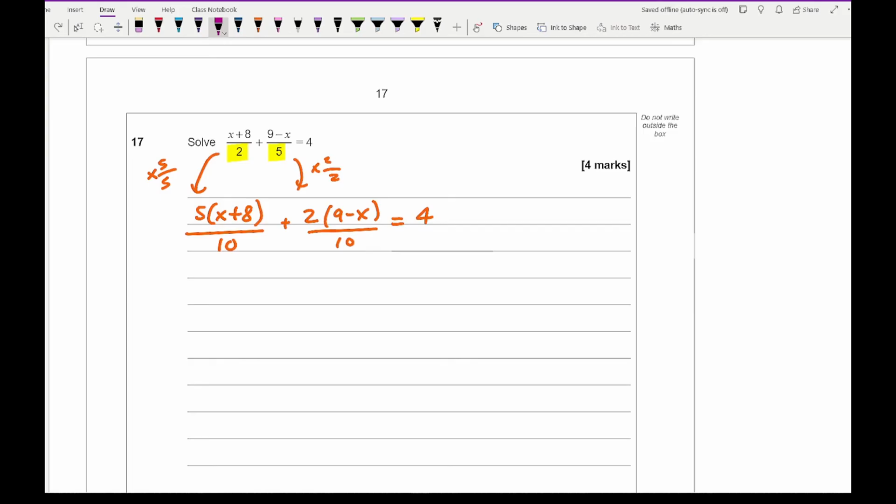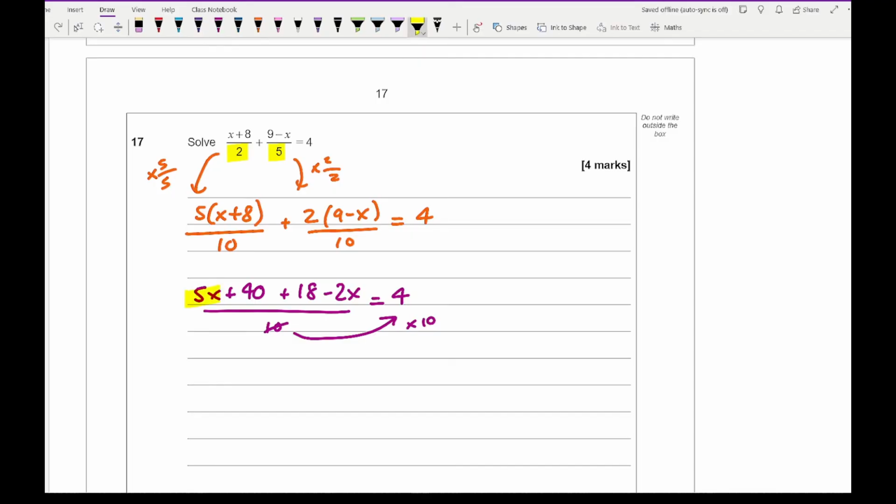Then what I can do is expand the brackets. So I've got 5x plus 40 plus 18 minus 2x, and that's all over 10. Be careful of that because that's going to be a common mistake. Equals 4. If I take the 10 over by multiplying by 10, that disappears, and simplifying the expression.